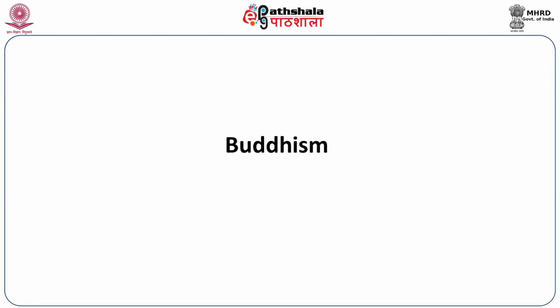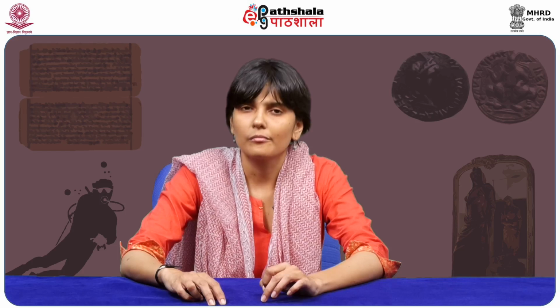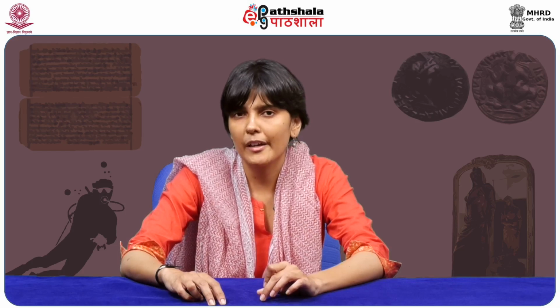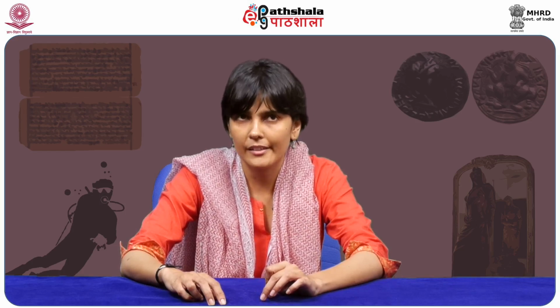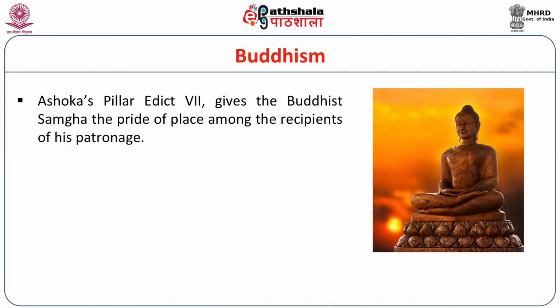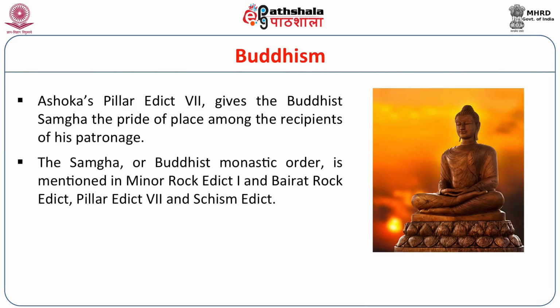Apart from Brahminical practices, Buddhism became one of the major religions in the Mauryan period, and it was given the pride of place in the Ashokan edicts. Ashoka's Pillar Edict 7 gives the Buddhist Sangha much importance. The Sangha or Buddhist monastic order is mentioned in some of the minor rock edicts, and of course in the Schism Edict.